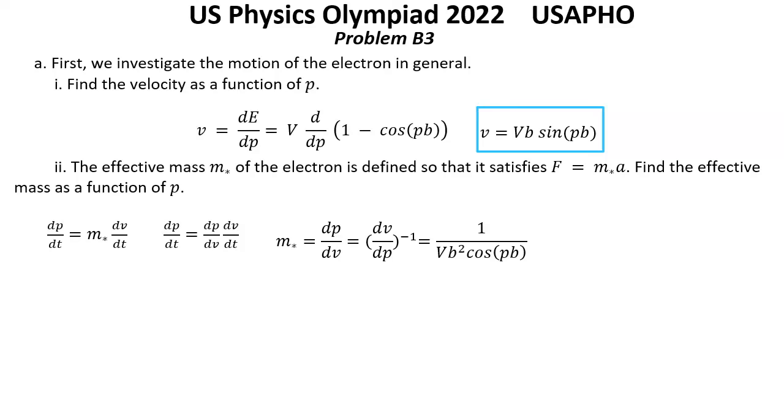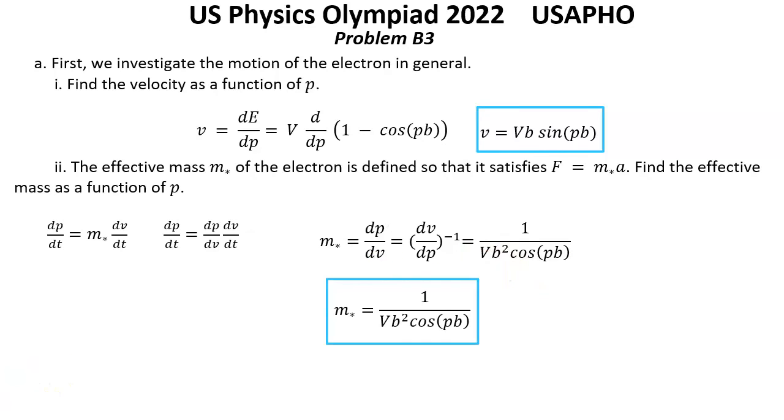But we already know what v is as a function of p, so we can take the inverse function and write this expression, which gives us finally this one. So finally m star equal 1 over V_B squared multiplied by cosine pb.